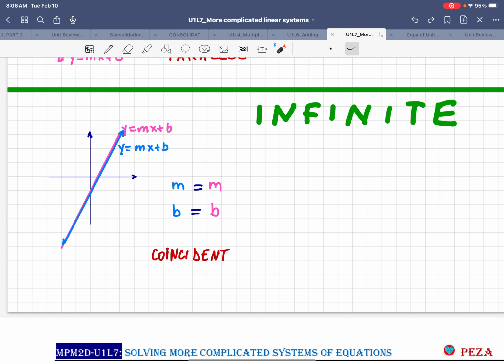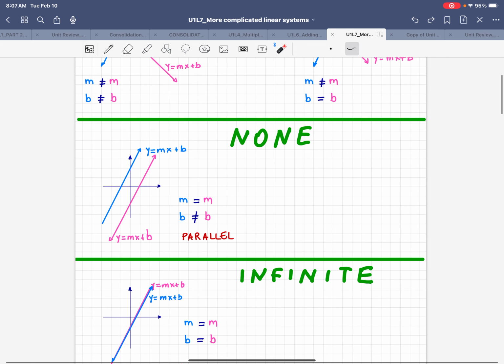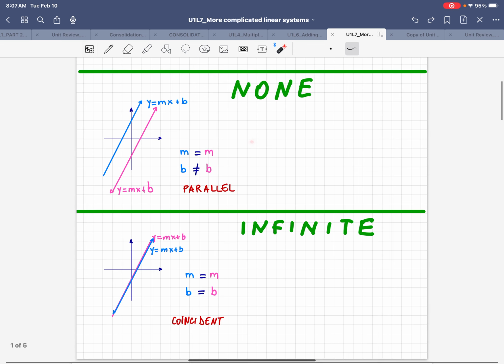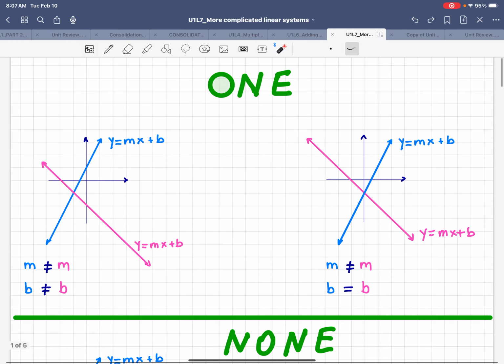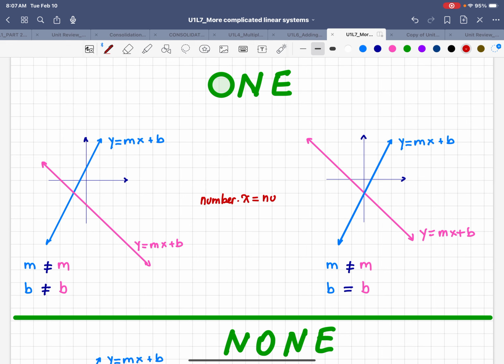The condition is that both the slope and the y-intercept will be the same. Now, when you solve these systems of equations algebraically, when we have one solution, we end up, for example, if you're solving for x, with an equation of the form a number times x equals some number.